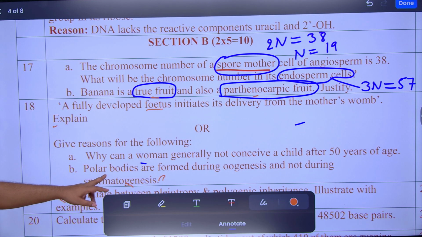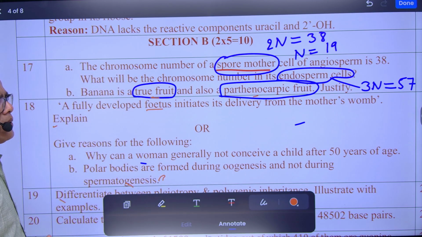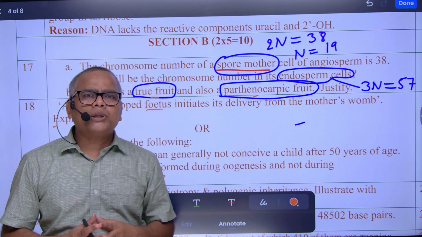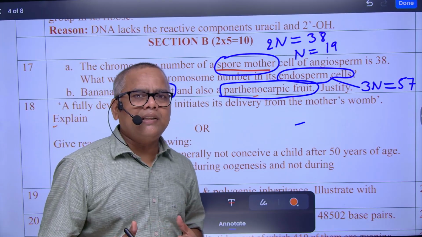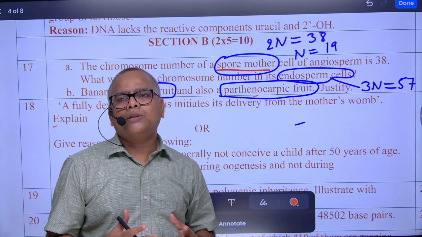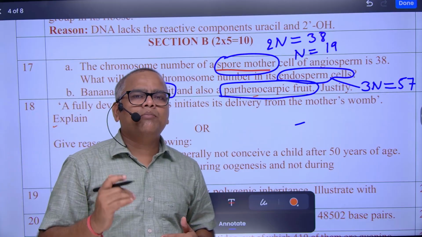Next: polar bodies are formed during oogenesis and not during spermatogenesis. Actually, it is observation based, but we can define it. The explanation is simply at the level of cytokinesis. There is meiosis 1, then meiosis 2.